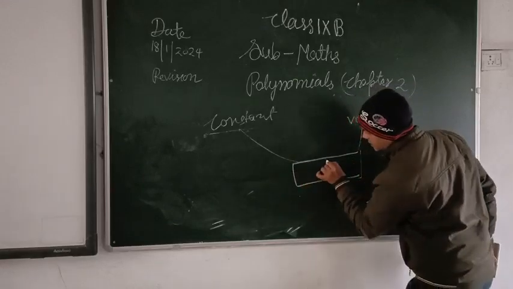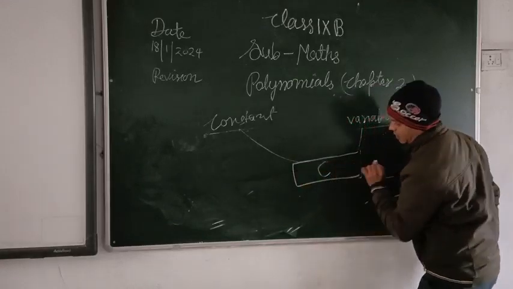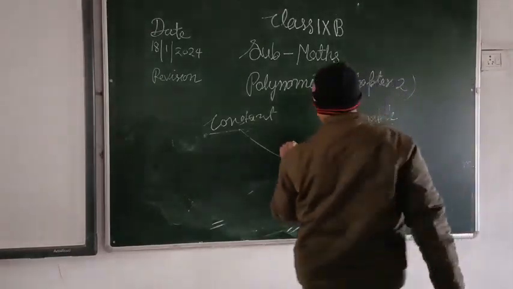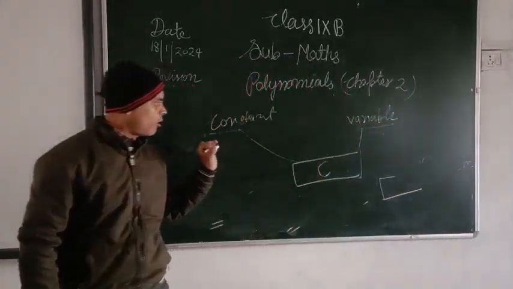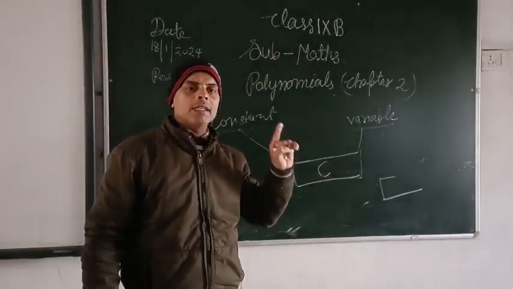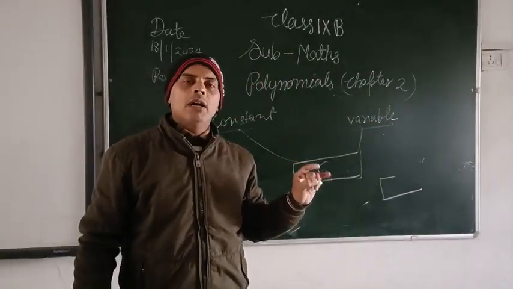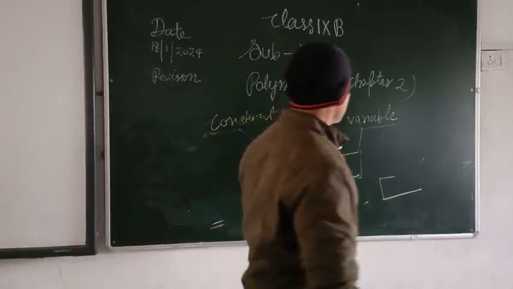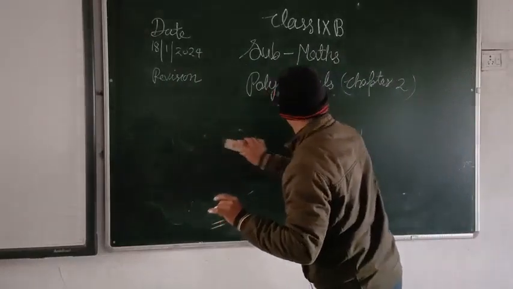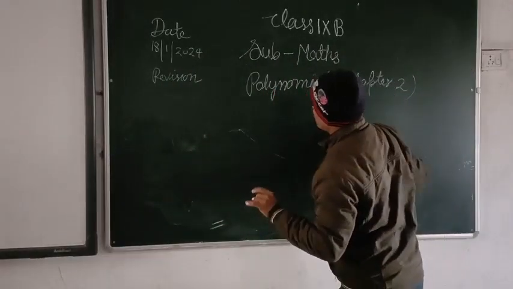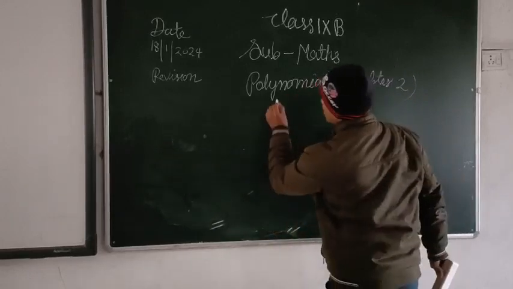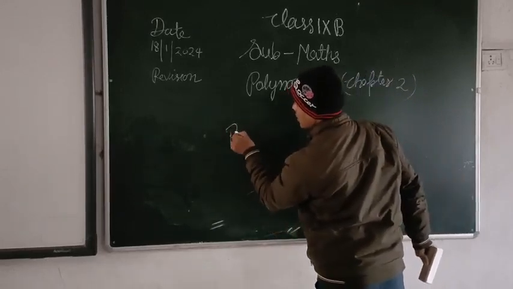Here, combination means the combination of constant and variable with the help of mathematical operations, just like plus, minus, into or divide, is known as algebraic expression. So now we are coming to the topic polynomial.